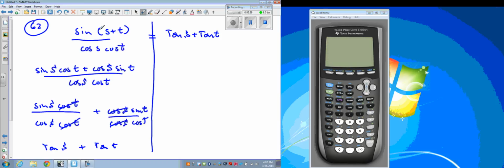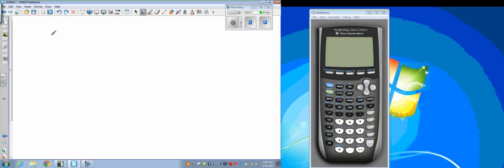Let's just keep going. Cosine of A plus B is what? It's cosine A cosine B minus sine A sine B, right?